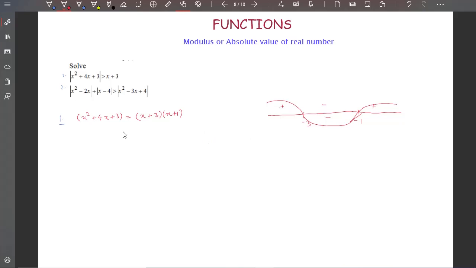Okay, so modulus of this is equal to plus x square plus 4x plus 3 when x lies in this interval, and it is negative when x lies in this interval. Okay.